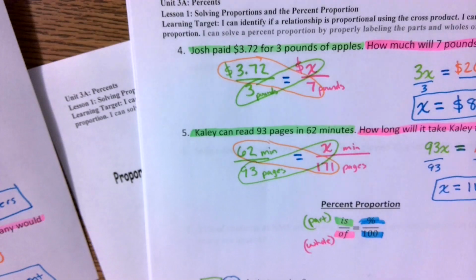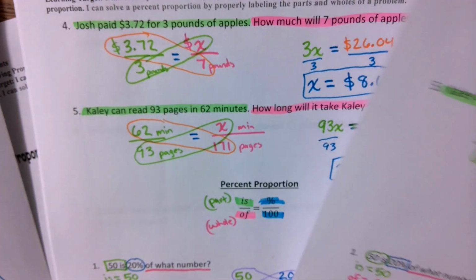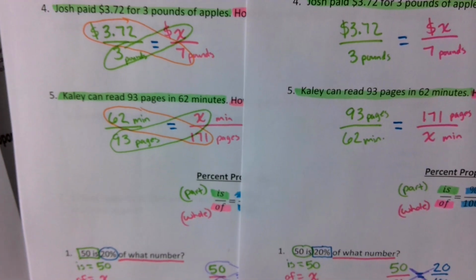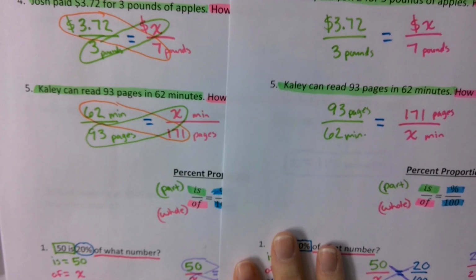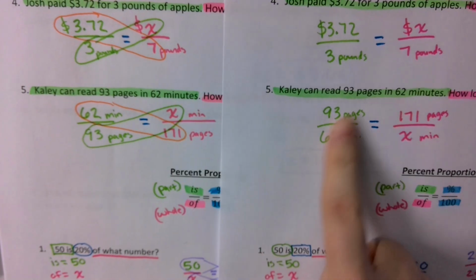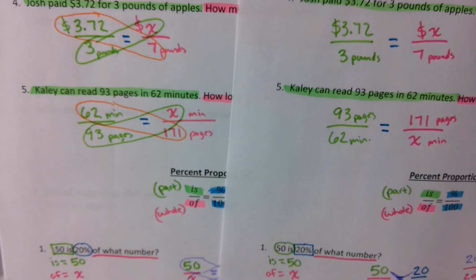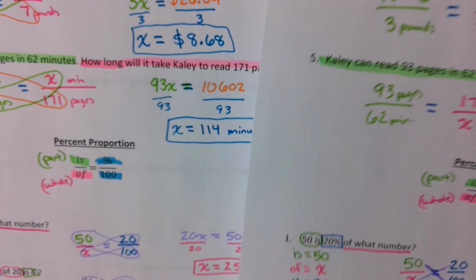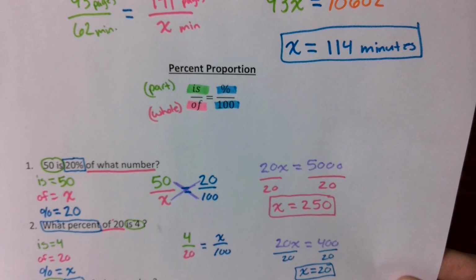And I wanted to show you that 4th academic set it up as 93 pages over 62 minutes. So notice that even though you guys set it up differently, some of you might have set it up this way, some of you set it up this way, the answers still resulted the exact same, 114 minutes, 114 minutes.